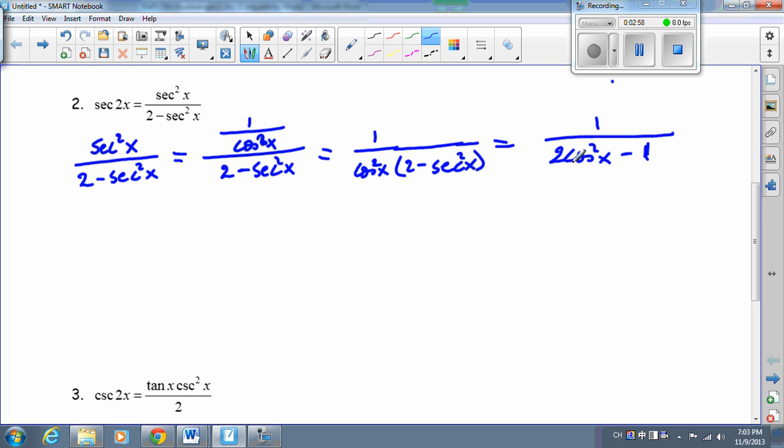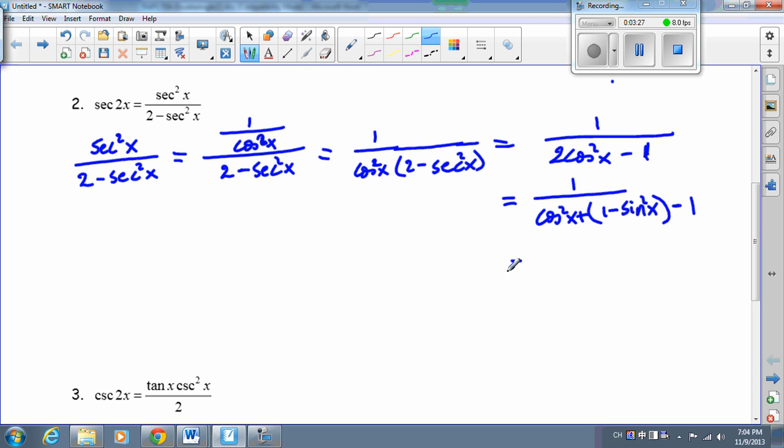Alright, out of the 2 cosine squared of x, I can transform one of the cosine squared of x into sine squared of x. So this is equal to 1 over a single cosine squared of x, but the other cosine squared of x I will write as 1 minus the sine squared of x, and I still have a negative 1.